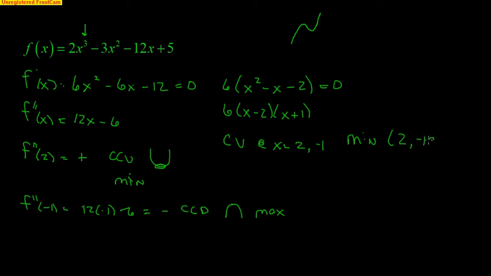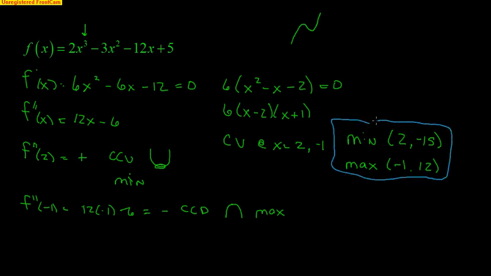You can check that on your calculator when you plug 2 into the original. And I know that I'm going to have a max at negative 1. Plugging that back into the original, I have 12. So that's the second derivative test right there. That'll help you find a function's max or min. That's just an alternative way.